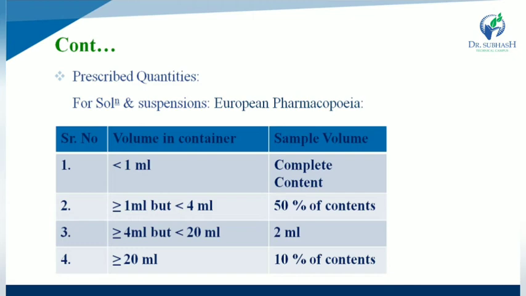If the volume is more than 4 ml but less than 20 ml, the sample volume is about 2 ml. And last, if the container volume is more than 20 ml, the sample volume is about 10%. These are the prescribed quantities for solutions and suspensions according to European Pharmacopoeia.